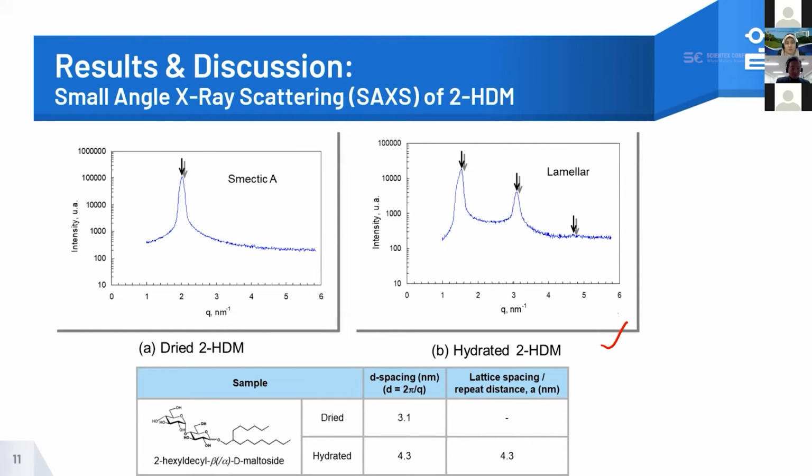As you compare dry and hydrated, you have a higher value for hydrated, meaning that the molecules swell further, and there is interaction between molecule and water through hydrogen bonding. The repeat distance between the peaks shows the formation of the lamellar phase for 2-hexadecyl maltoside.